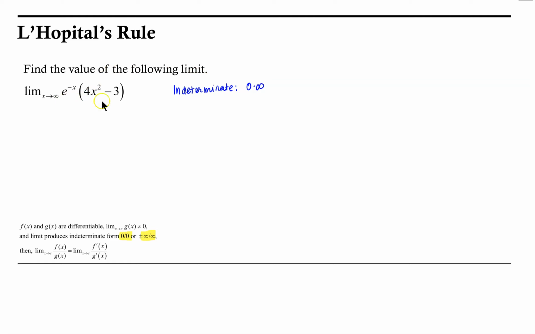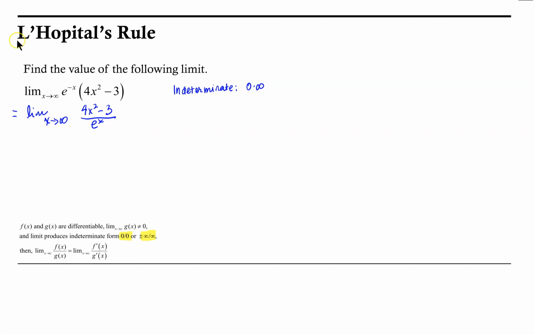Now, as I look at this function, I see that I have e to the negative x. So an easy thing to do would be to move e to the x to the denominator of this function. That is, rewrite the function as the limit as x approaches infinity of 4x squared minus 3 over e to the x.